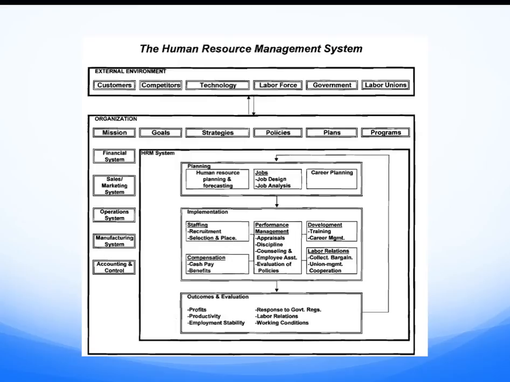So we design metrics as a way to assess our outcomes and evaluate them, and to make sure that we are on target with what it is that we're trying to accomplish. HR plays a really integral role in making sure the organization is successful, and there's a lot of different ways that that is done.